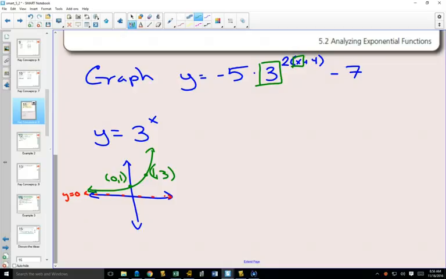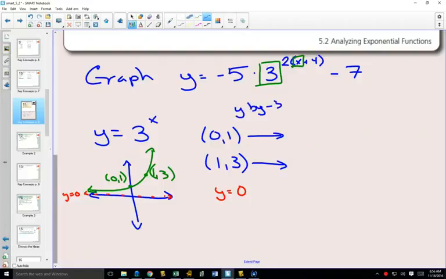So now going about our transformations, we can start with our key points. We'll leave our asymptote for the end. And we can do the same arrow thing that we did before. First, working with all of our stretches. So going from left to right, the -5 means y by -5, and the 2 means x by 1/2.